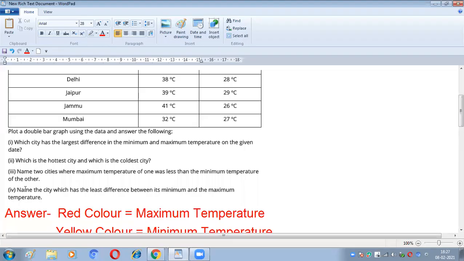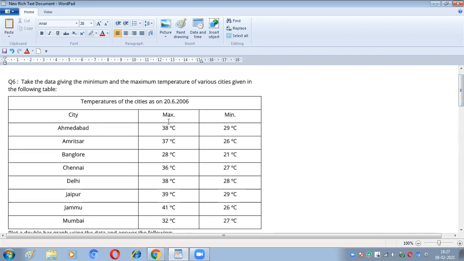So friends, third bit is: name two cities where the maximum temperature of one was less than the minimum temperature of the other. Here we have to search in the maximum column for the least number. 41 is the largest, 38 is also large, 37 is also large, but 28 is not large because it is below 30 degrees.